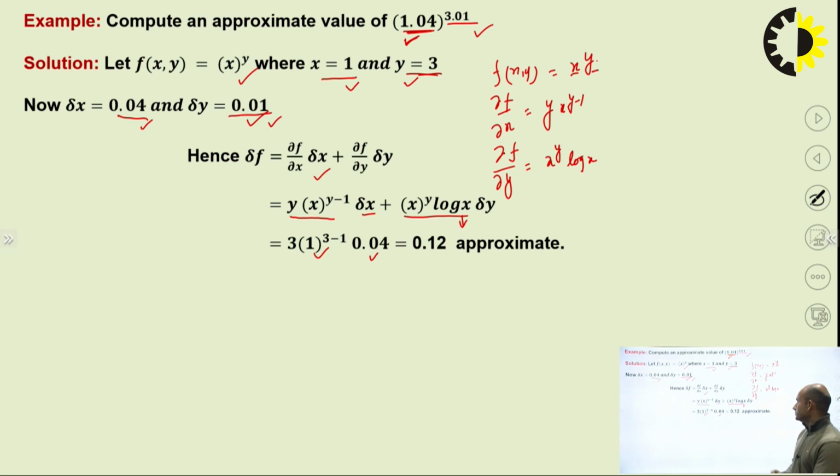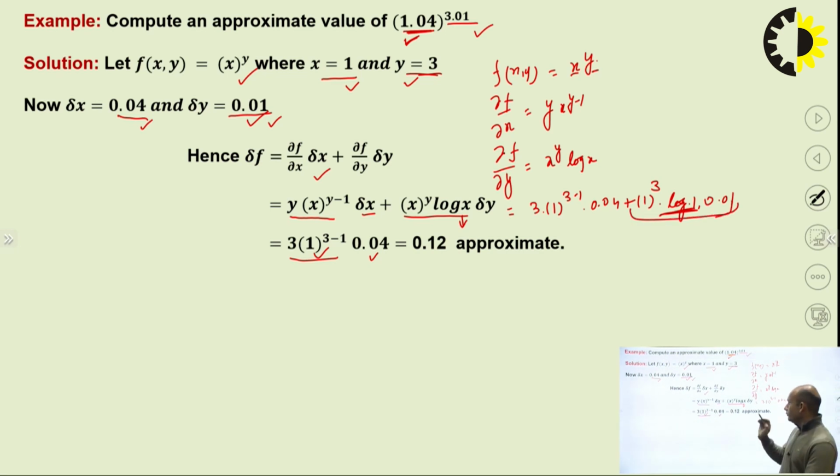So the second term is x to the power y, 1 raised to 3, and logarithm of 1, then delta y, which is 0.01 here. Since this term is 0, this whole term will be 0. So now the value of delta f will be 0.12 approximately.